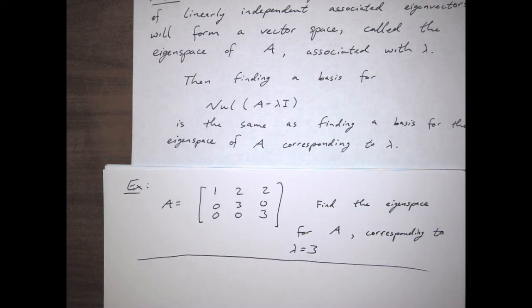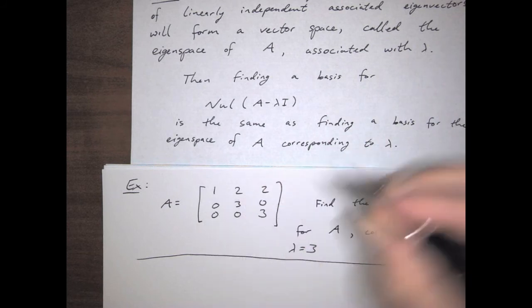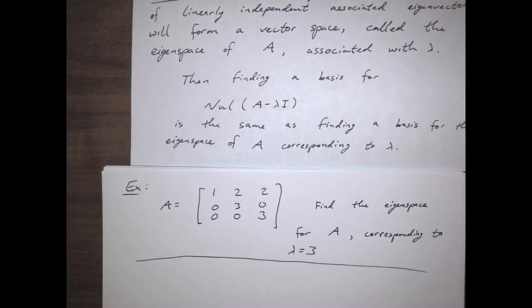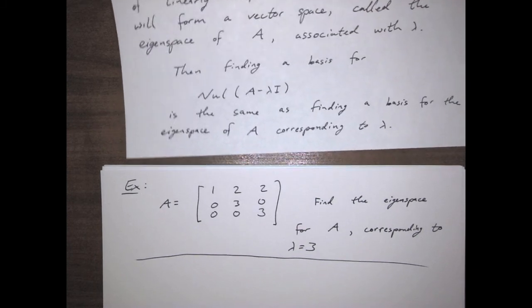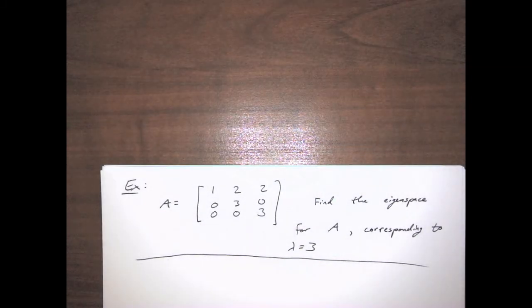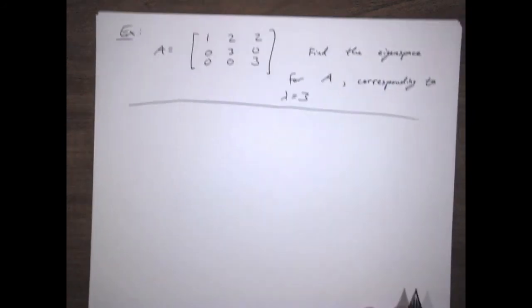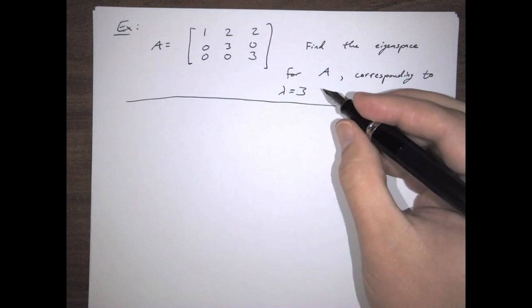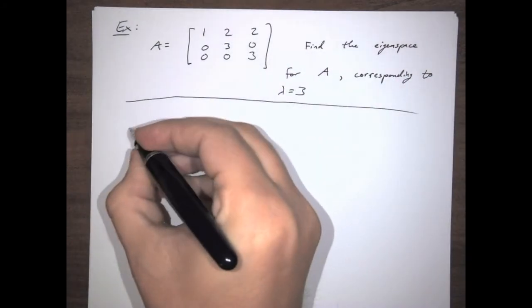So what makes 3 special in this case is the fact that there are 2 copies of it along the main diagonal, which means that it is what is called a repeated eigenvalue. We'll explore a little bit more what that means in a later section, but for now, just take it given to us and work with what we have. All right, well, let's see what we get here.